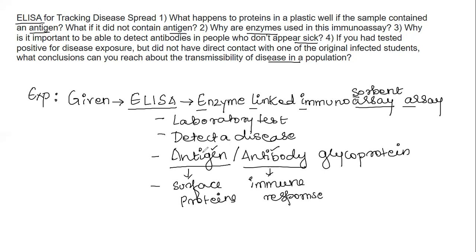Finding the specific antigen or antibody will help us detect what kind of disease is infecting a specific individual. So this is a laboratory test used to detect disease based upon the type of specific antigen or antibody found in the sample from an infected person. Understood?